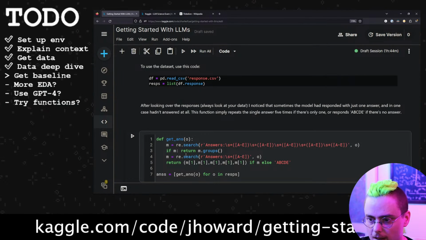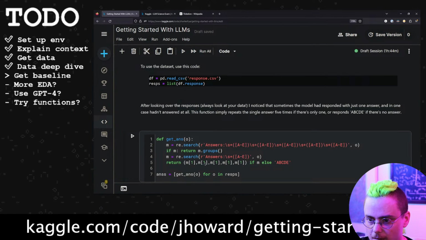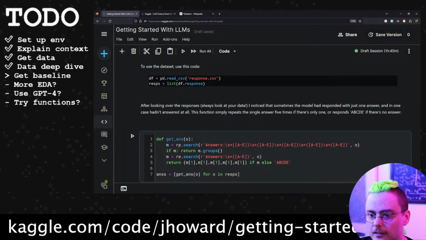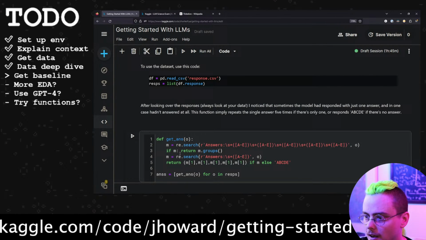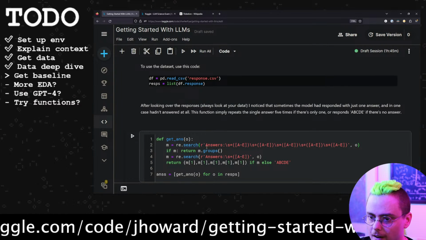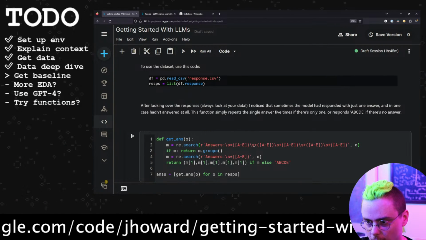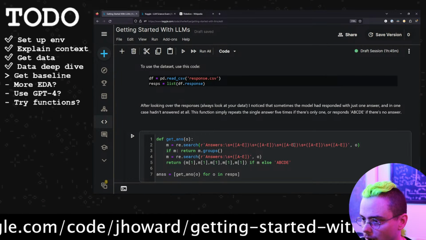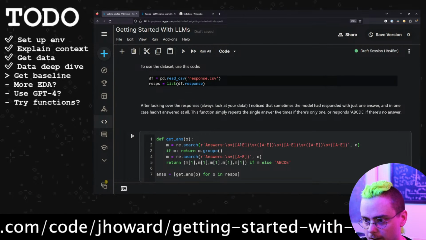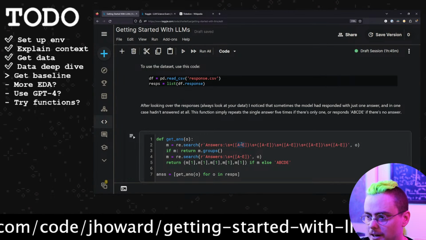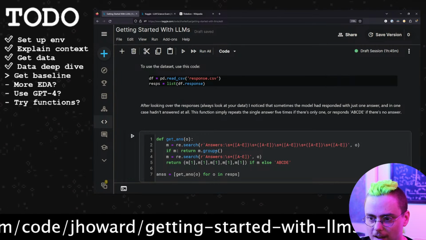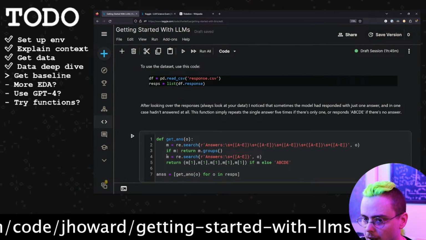And one thing that can go wrong is the model can sometimes not do that. So this first regular expression here is checking whether the model answered exactly 5 characters between A and E. That's what this first one checks, and if it matches that, we just return it.